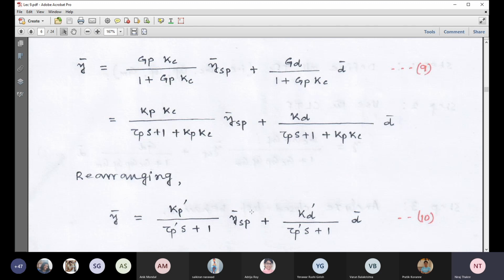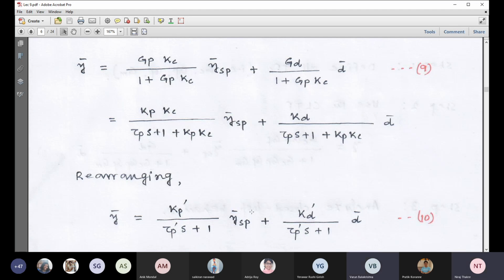Let me know the expression for Kp prime, tau p prime and Kd prime quickly. Can anyone tell me what is the expression for Kp prime?